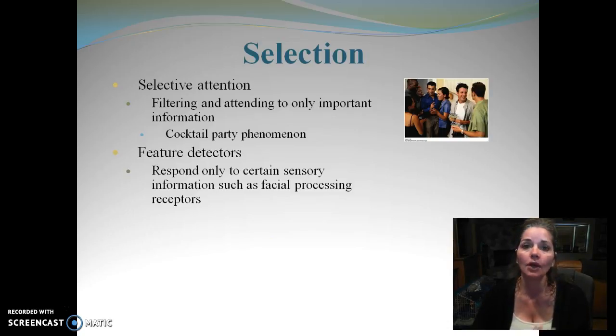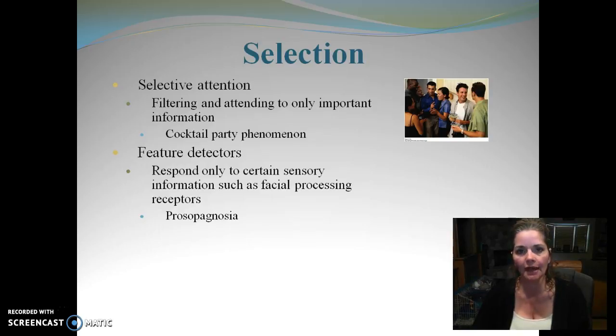Additionally, there are certain features that we are going to be more prone to processing. So we have receptors that are primed specifically for certain data, like we have receptors in our brain to pick up facial recognition, and that's a really important part of our survival.